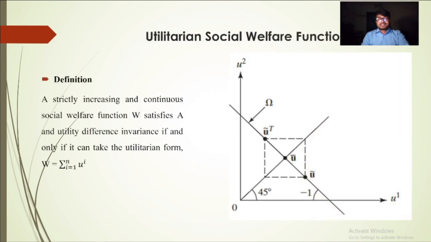In the next slide, we can see utilitarian social welfare functions, which are strictly increasing and continuous social welfare functions. W satisfies A and utility difference invariance if and only if it takes the utilitarian form. Here we can see a graph which illustrates the utilitarian social welfare function, which aggregates individual utilities to determine overall social welfare.